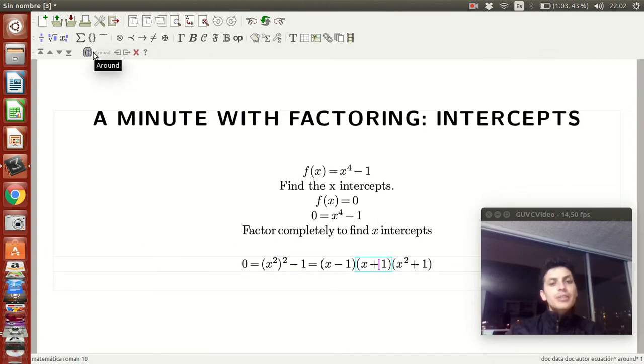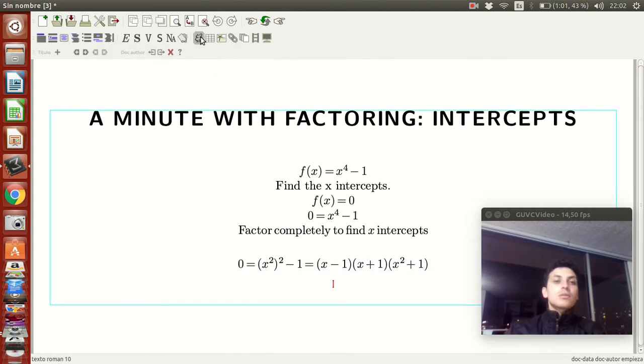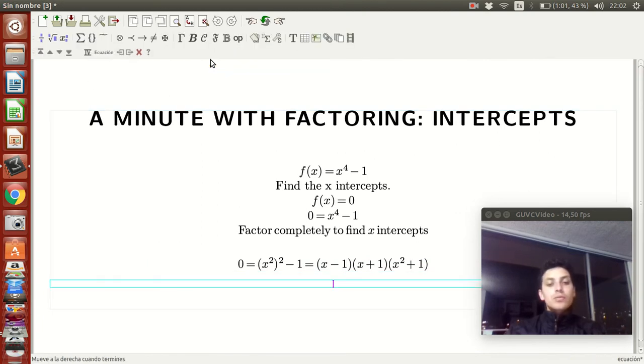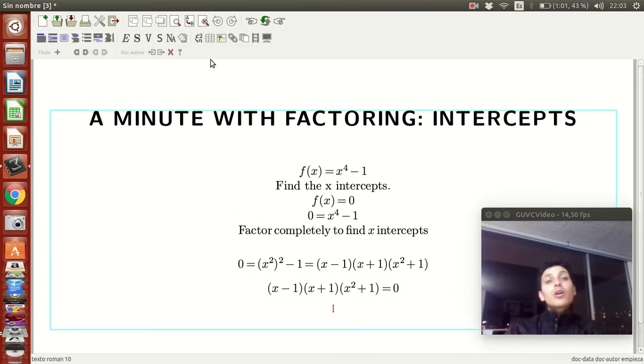And we have now the factoring of the polynomial. And this polynomial should be equal to 0. So we're going to write it equal to 0, and we're going to apply the zero factor property.